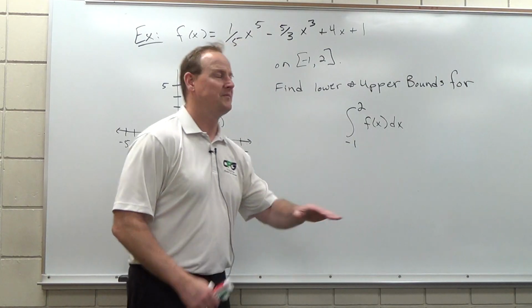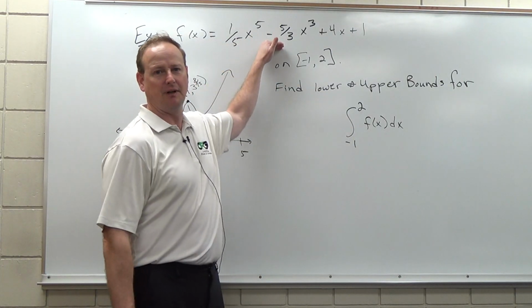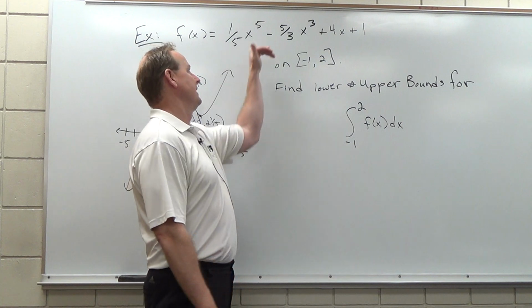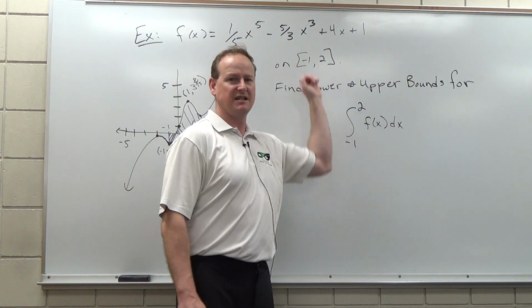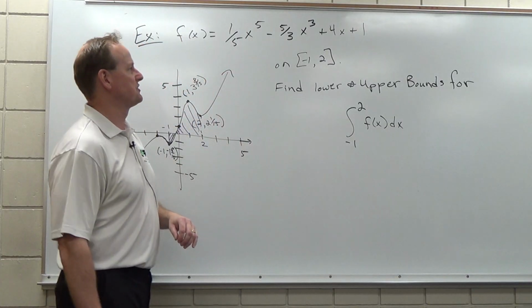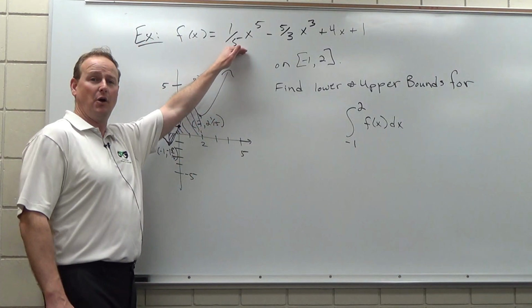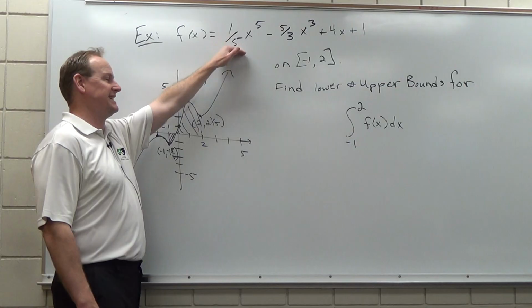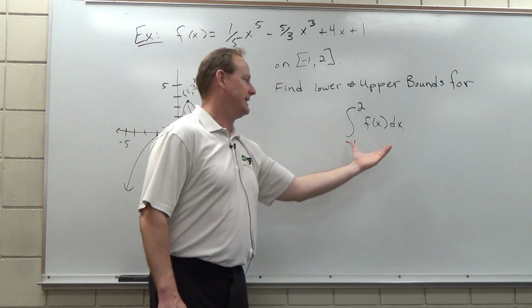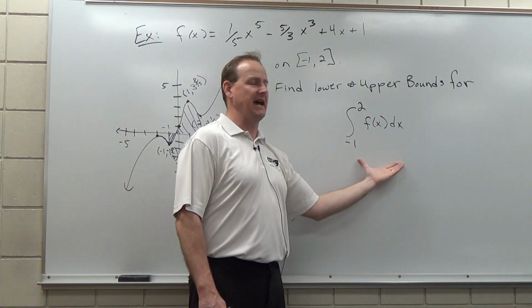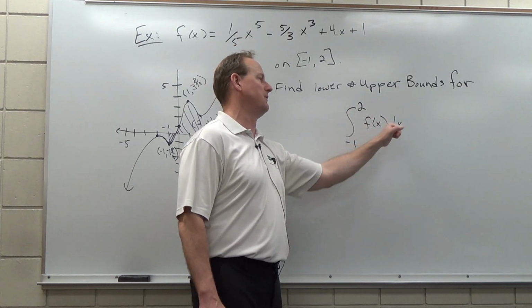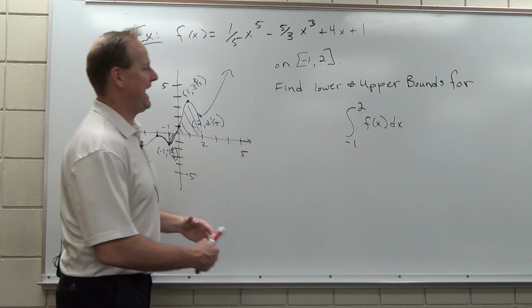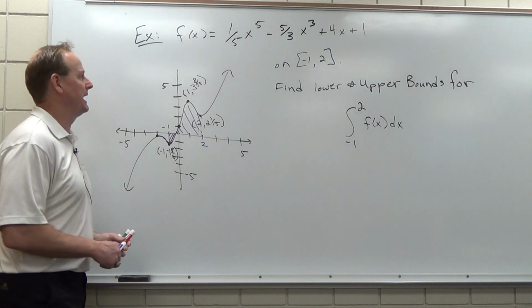Well, first of all, f is a polynomial, right? And what do you know about polynomials? They're continuous on all real numbers. So certainly this polynomial is going to be continuous on that closed interval. The other thing that you know is if f of x is continuous on that closed interval, then it's going to be integrable on that closed interval as well. So in other words, the definite integral from -1 to 2 of f of x with respect to x actually does exist, right?